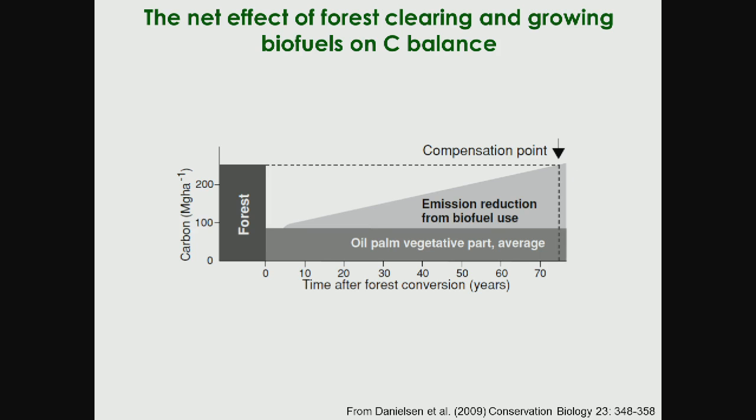Of course, it depends what this initial land was used for, depending on how much carbon is lost through this land use change. If it was fairly poor grasslands, the initial carbon loss is reduced, so the amount of time to compensate will be less. If it's a really carbon-rich land, let's say peatland, which is very carbon-rich, then the amount of time to compensate will be much greater. We're talking perhaps centuries, or certainly over 100 years.